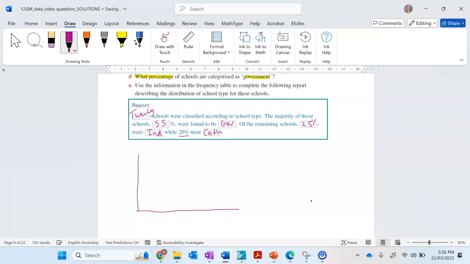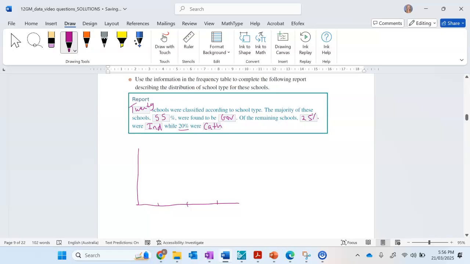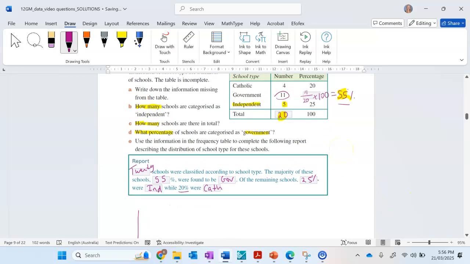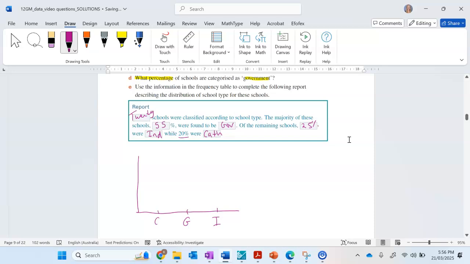So a normal bar chart will have, what categories do we have? We had 3, didn't we? So we had, I'll do it in order. So Catholic, government, independent. Now, if we're just doing the number of them, you could do it as a percentage or you can do it as a number.